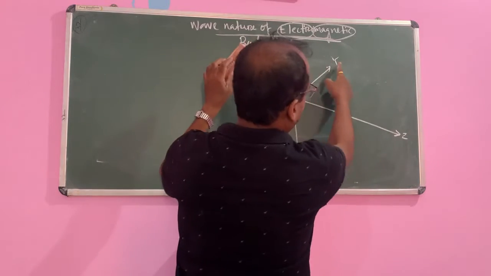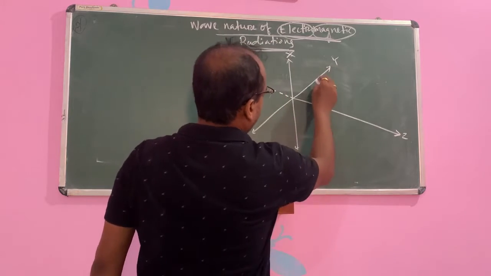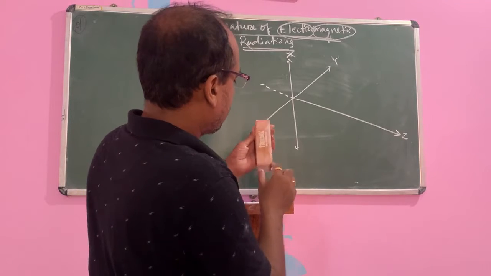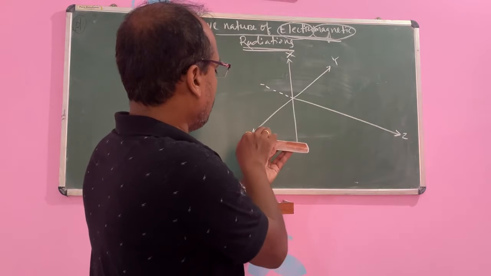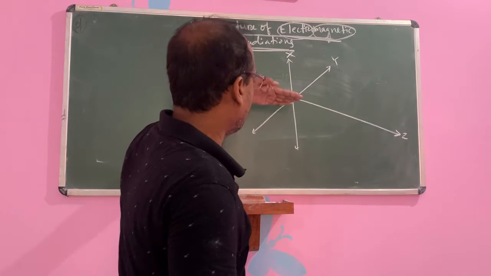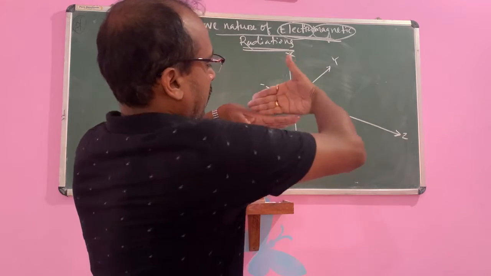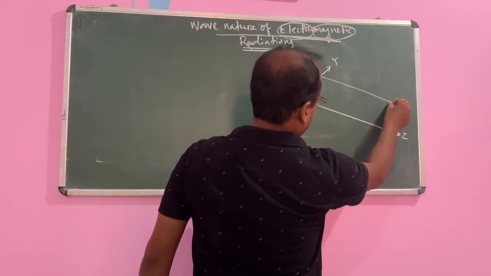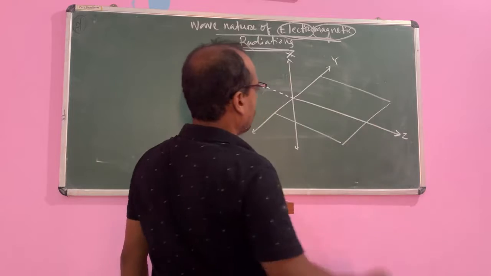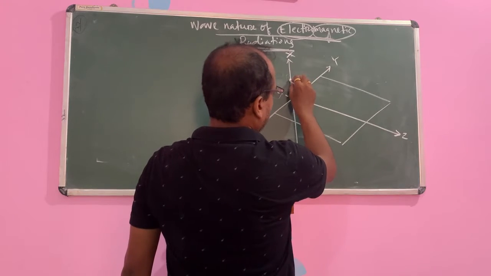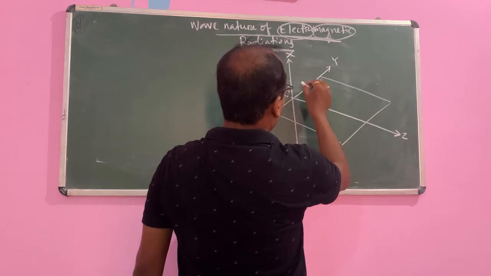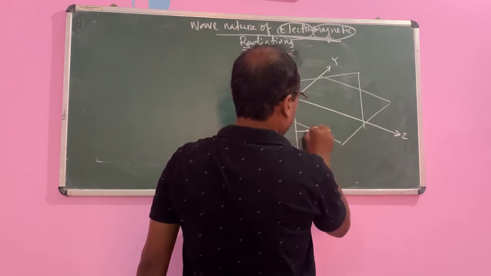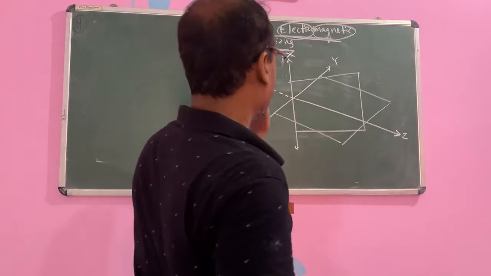Then this is one plane. Children, this is one plane, and this is another plane. These are the planes in three directions.